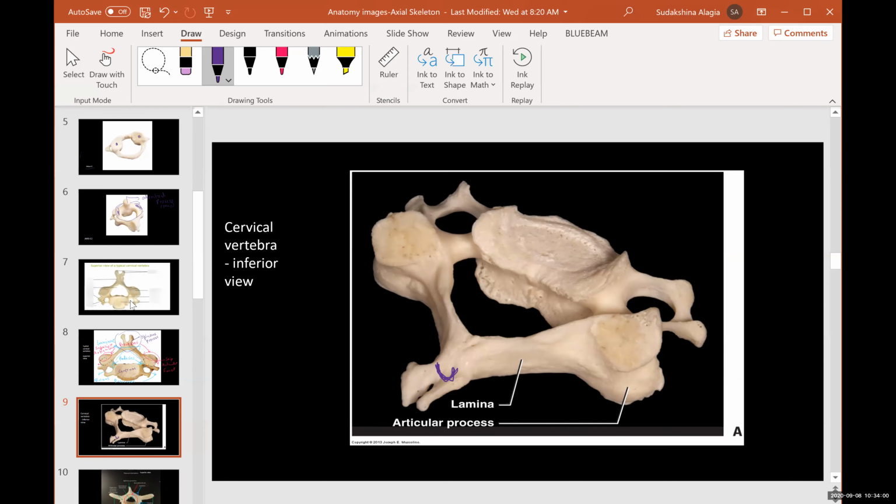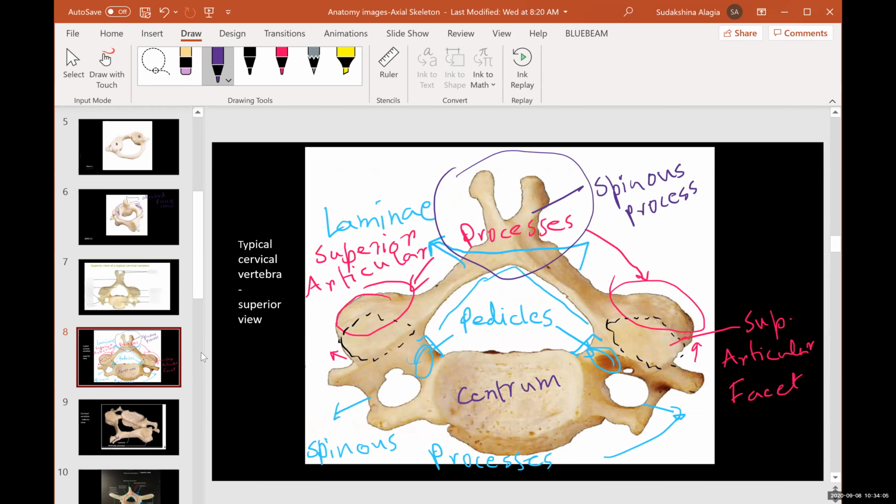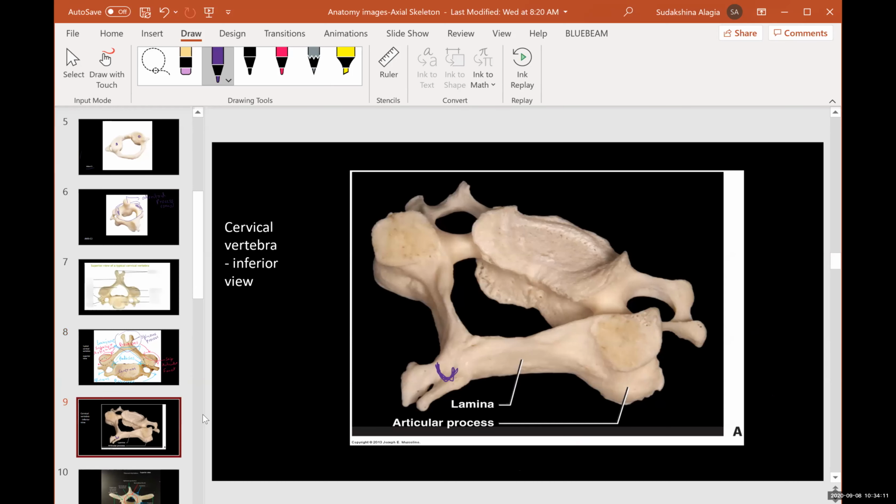So as we can see, this vertebra has a superior articular process and facet. What do we have in the inferior view? Inferior articular process. Basically, it's the same extension. Think of it like an hourglass. This is what we call superior. This is what we call inferior.